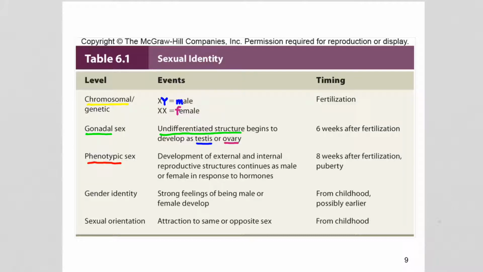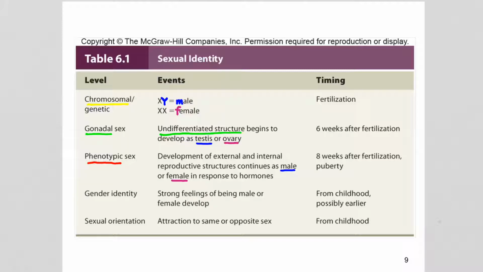So phenotypically, in terms of development externally and internally of other reproductive structures, continues as male or female in response to the hormones that are being expressed on either our X or Y chromosomes.